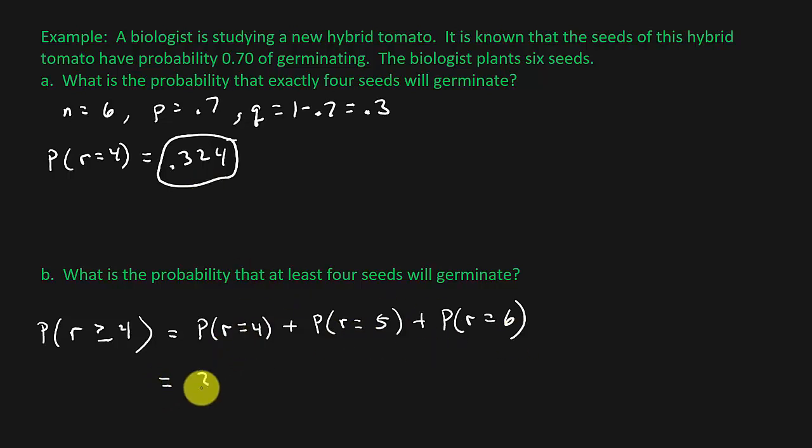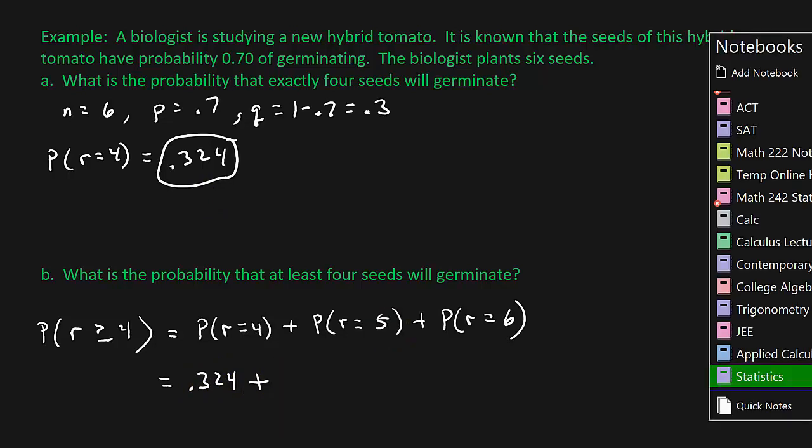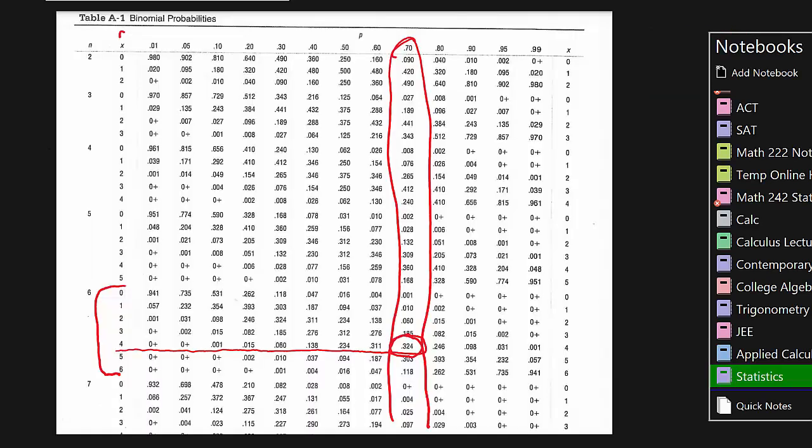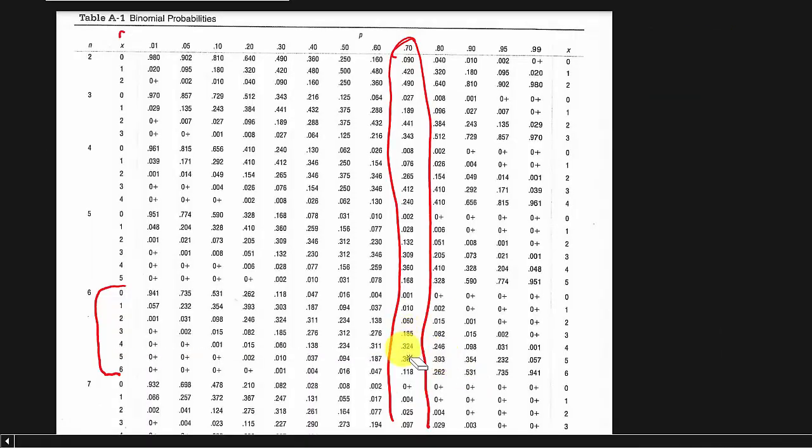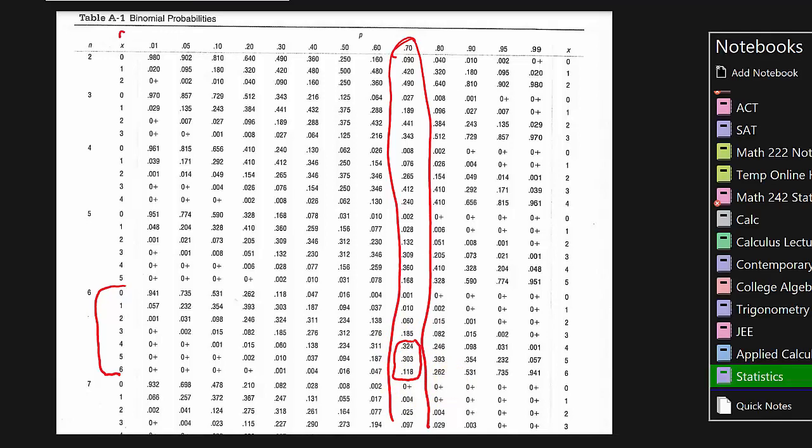We already looked up 4. That's 0.324. Plus, now the probability that R equals 5. That's this one. There's 5 right here. It's 4, 5, and 6, those 3. 0.303.